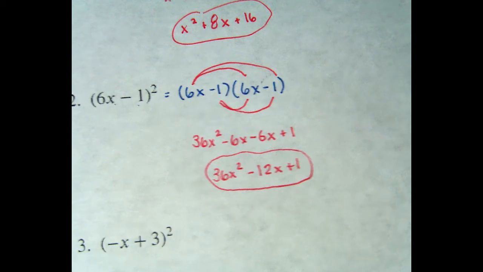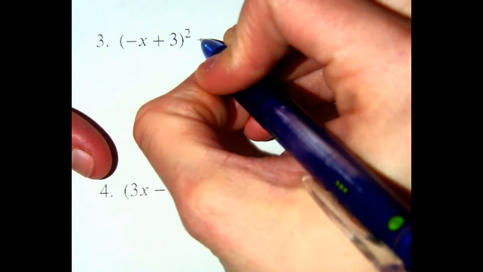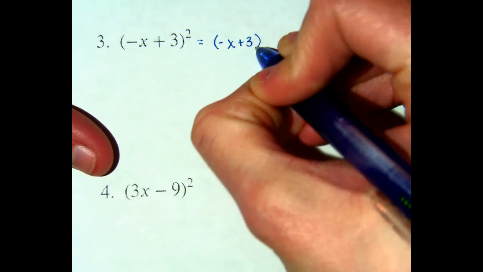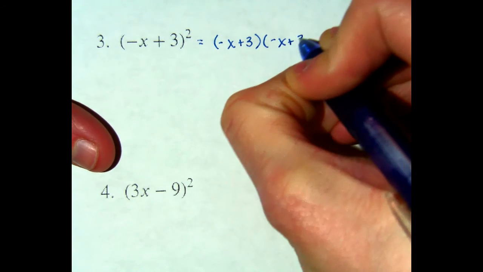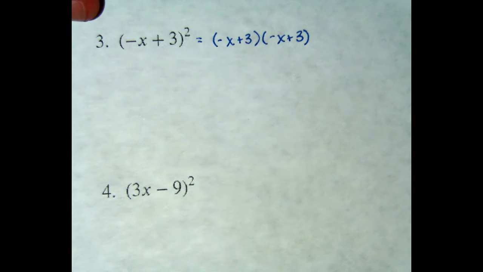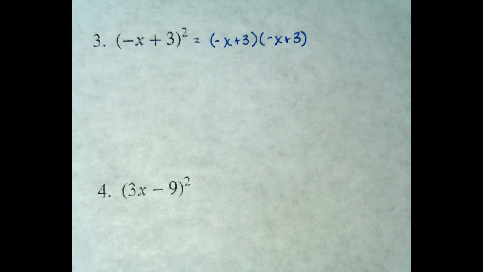First on number 3. Write it down twice. Don't forget that you need to write it down twice. Some people do that all the time and get the wrong answer. I have a meme later I'll show you about not writing it down twice. Alright, then what'd you do?